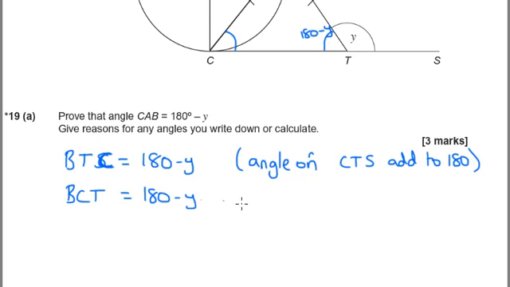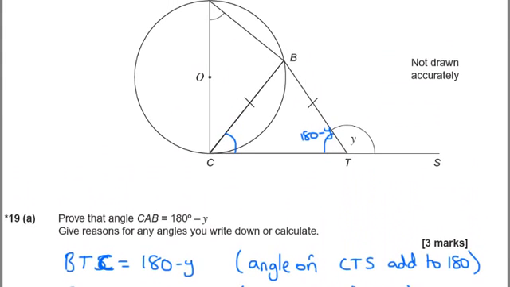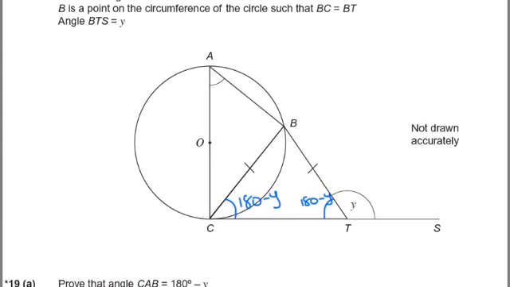But I have to give a reason, and my reason is isosceles triangles. So because I've written down what that is, I'm going to fill that in on my diagram.